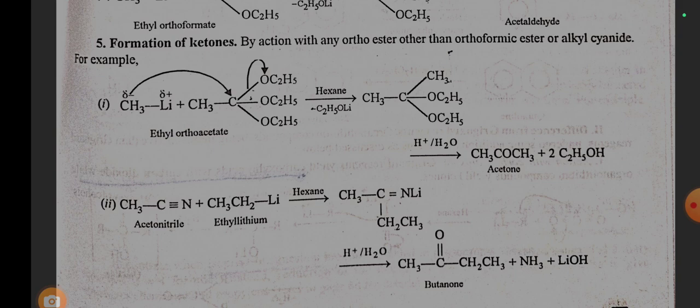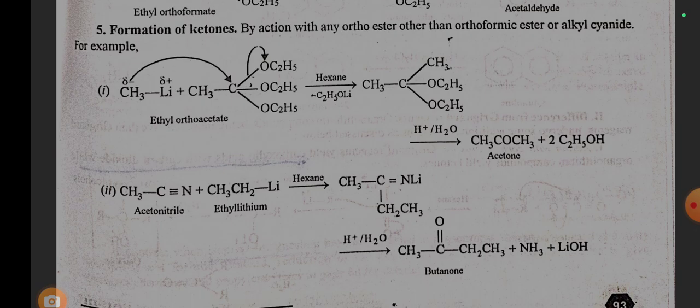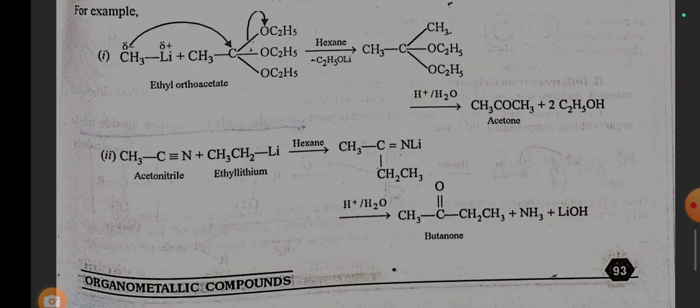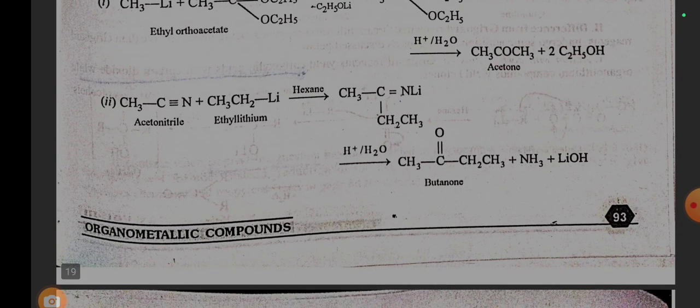Formation of ketones. By action with any orthoester other than orthoformic ester, or alkyl cyanide. For example, ethyl orthoacetate on reaction in hexane gives an intermediate, which on hydrolysis gives acetone plus 2 C2H5OH.